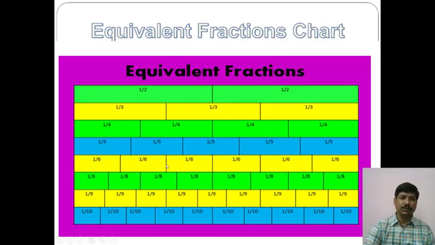So 1 upon 3, 2 upon 6 and 3 upon 9 are equivalent fractions. It means 2 upon 6 is equivalent to 1 upon 3 and 3 upon 9 is equivalent to 1 upon 3. So you can find some more groups of fractions which are equivalent to each other, or we can say equal to each other, because they have the same value.